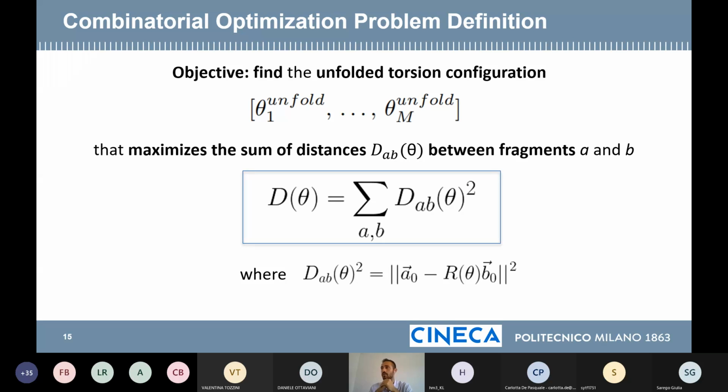Usually what we did is not include that in the optimization, but leave it as a post-processing step.